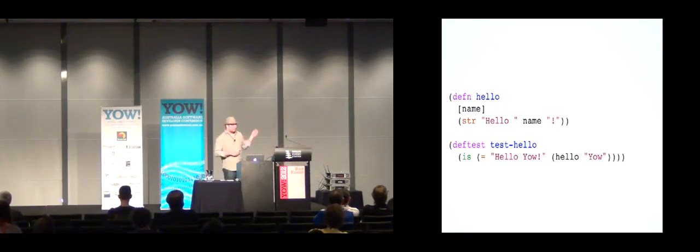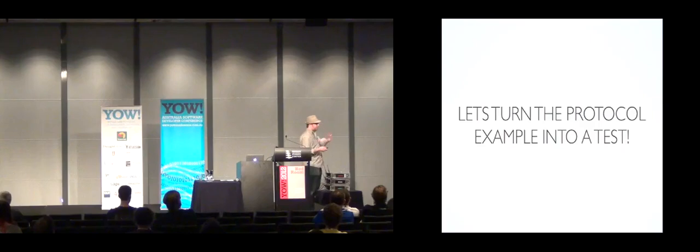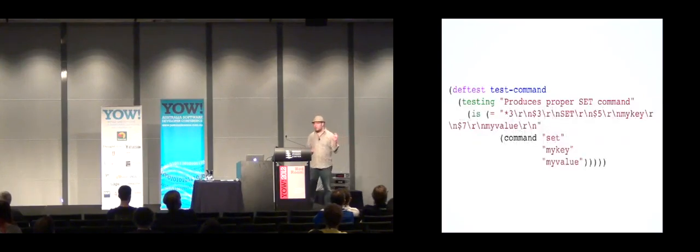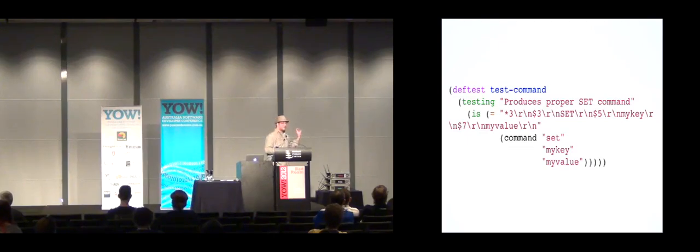Now that we understand how this works, let's take the protocol example, the thing we just did, and turn it into a test. So this is the test. We again make our test, deftest. I added an extra little thing here, testing. It gives a little bit of context. So if our test fails, it'll tell us what was going on when this failed, what we were testing.